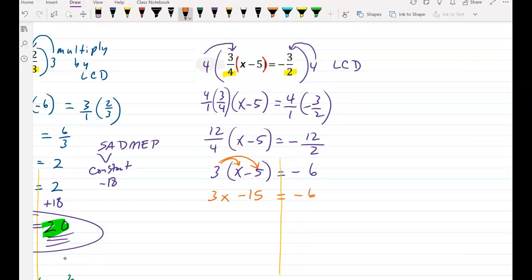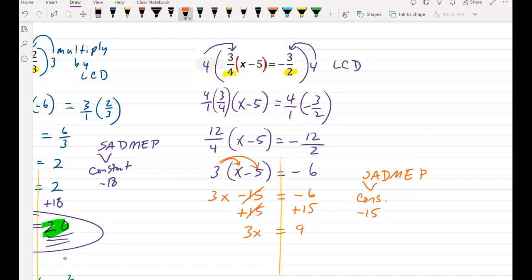Now we're at SADMAP time. SADMAP. Okay. Undo the adding or subtracting of any constant. The constant is negative 15. So we're going to add 15, add 15. Those cancel each other out, and I get 3x equals negative 6 plus 15.